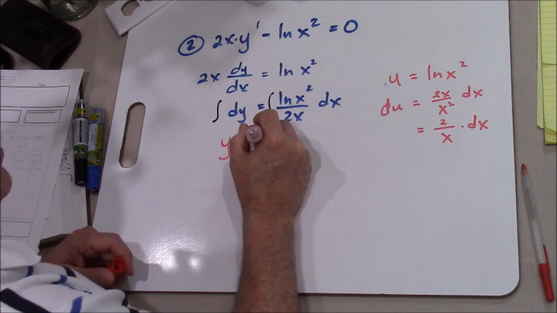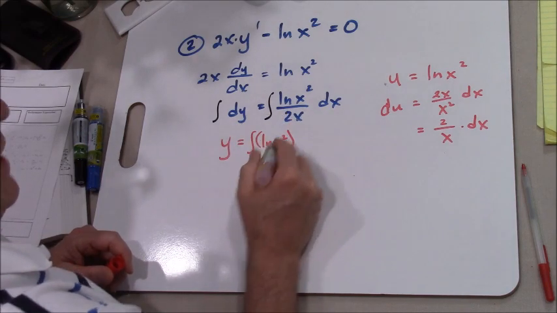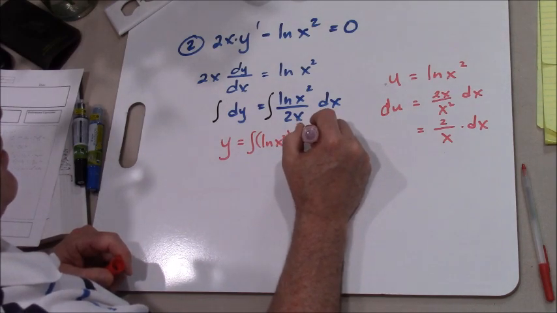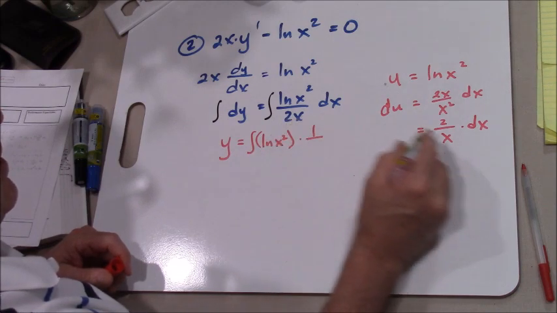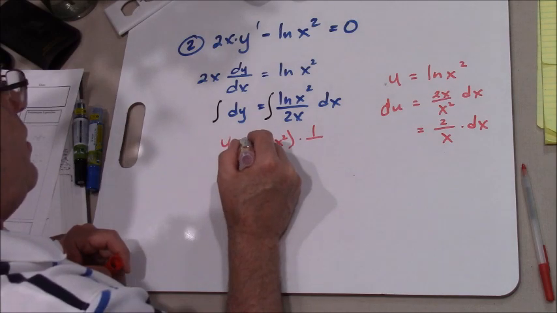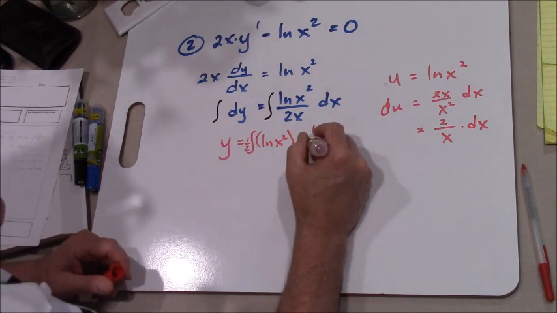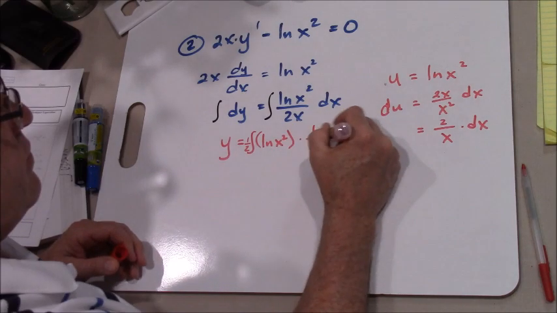So according to this, what I have is natural log of x squared, that's going to be my u value. I've got 1 over 2x here. I don't really want a 2 in the denominator, so I'm going to move this 2 outside the integral. And now what I have is an x value, dx.